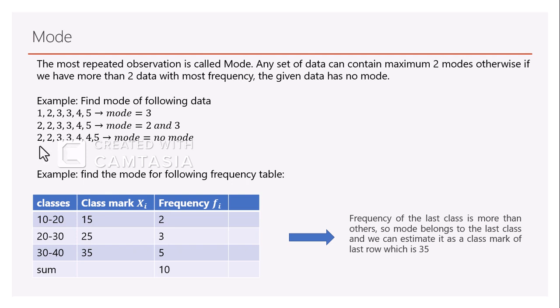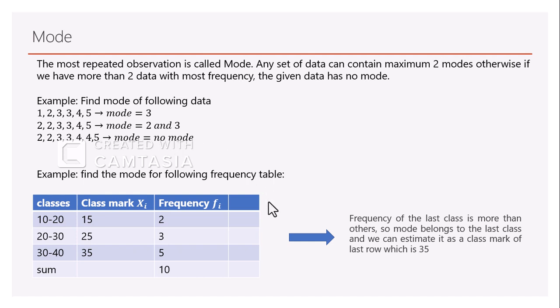For this reason, in the third example, we have 2 2 3 3 4 4 and 5, where 2, 3 and 4 are repeated 2 times, and 5 is single, and because of that we say that there is no mode. This is the rule for the mode as a measurement.